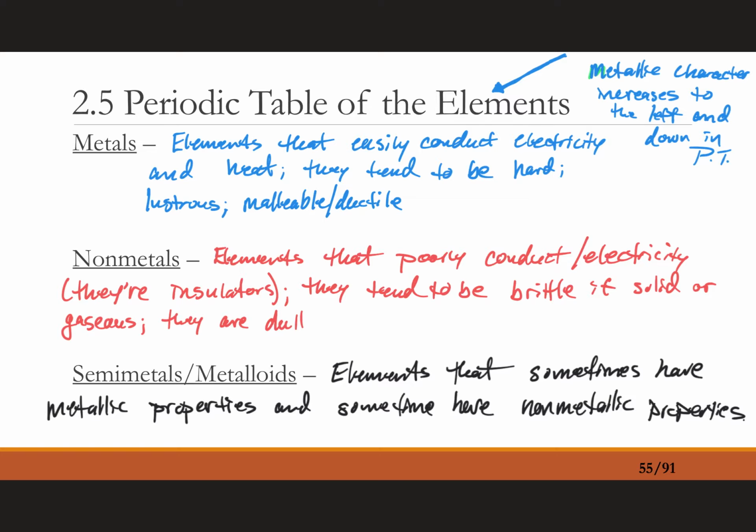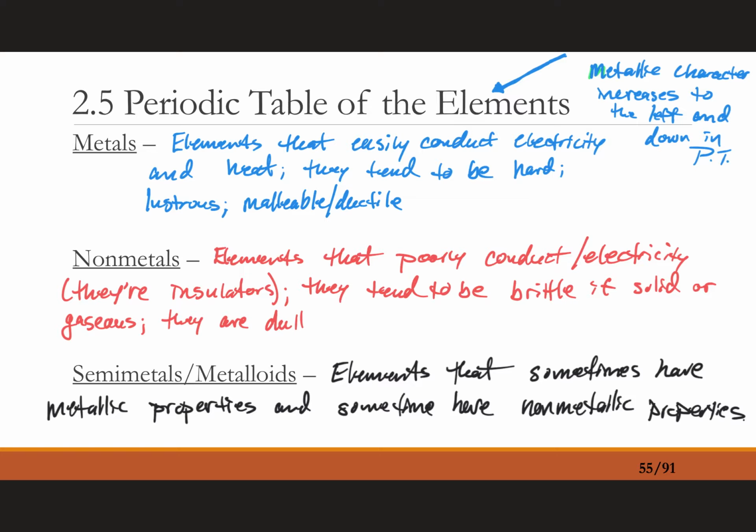There's not many metalloids. You could say there's boron, silicon, germanium, arsenic, antimony, tellurium, polonium, astatine maybe, but that's a radioactive element that there's really not enough of to really know what its properties would be in this case.